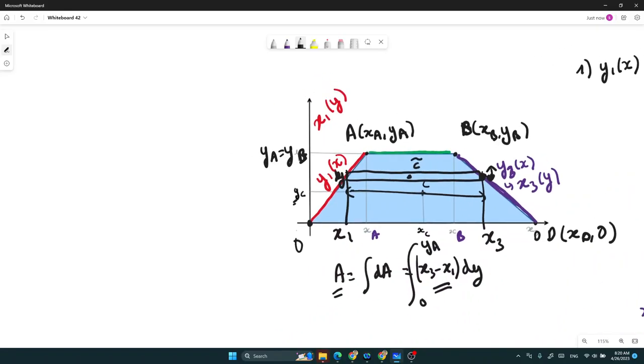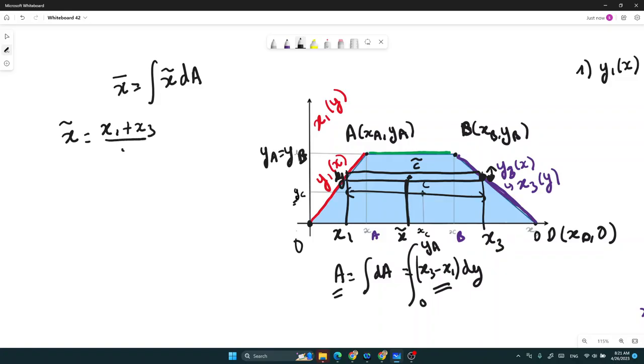Now for the x bar, you need the integral of x tilde dA. So we need to find x tilde. x tilde is the center of that rectangle, this one there. To find the center, you do the sum of both points divided by 2. That will be x1 plus x3 divided by 2.